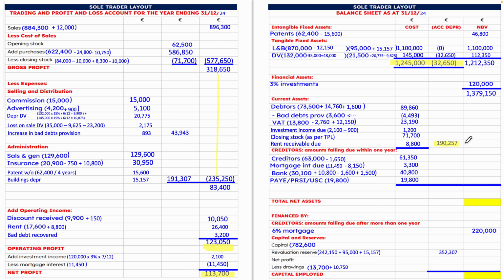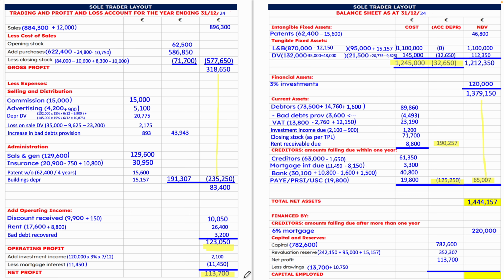We tot up all of our current liabilities. We get 125,250. That leaves me with a working capital of 65,007 euro, which is a positive figure, which we add to my total fixed assets up there. And then I get my total net assets of 1,444,157. Then in my finance buy, I've got my 220,000 mortgage. I bring over my capital.